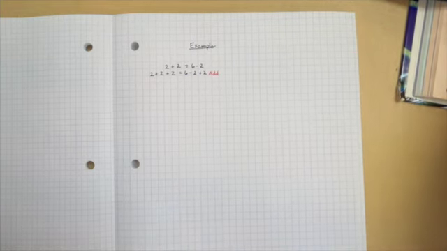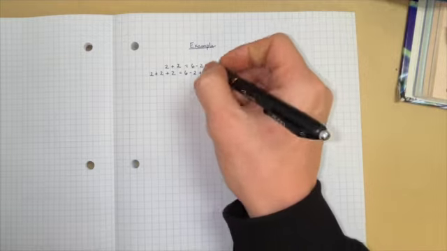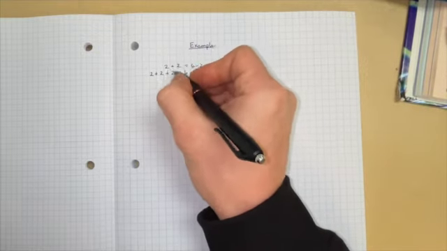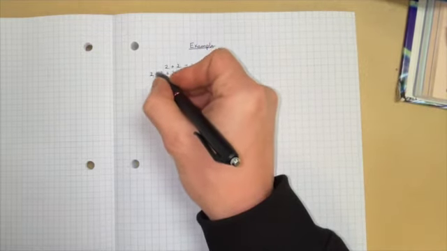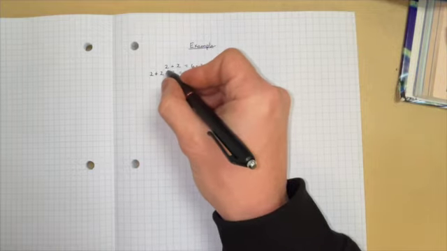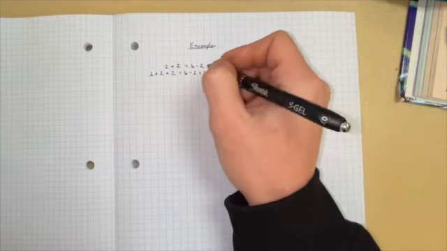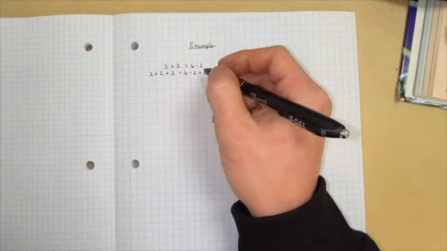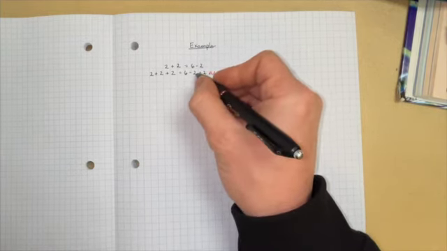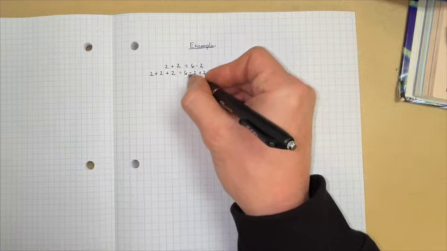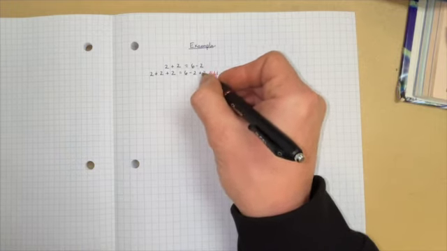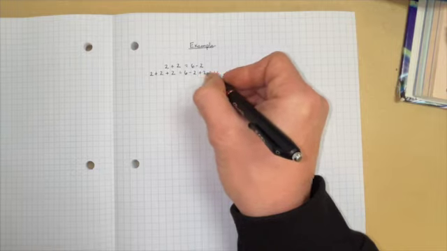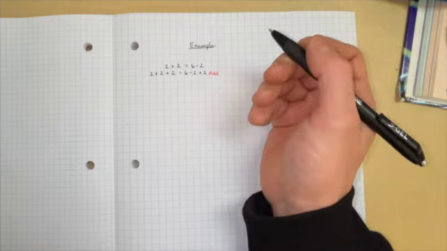So I added this 2 to this side, and I added this 2 to this equation, right? So I added 2 to both sides of the equation, and essentially, recall that this minus 2 and this plus 2 would go to 0.